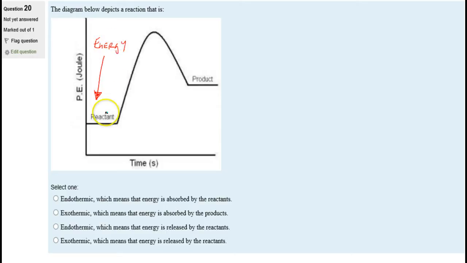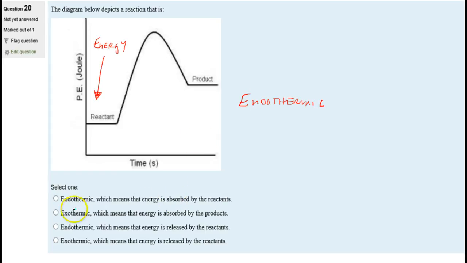If the reactants absorb energy, then the products will end up with more energy, which is what we see right here. Anytime the system, in this case the reactants, absorbs energy, this is endothermic. So this is an endothermic reaction.